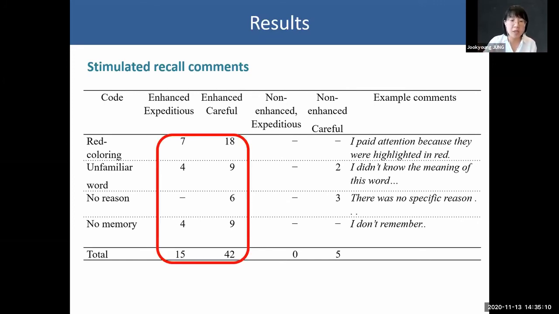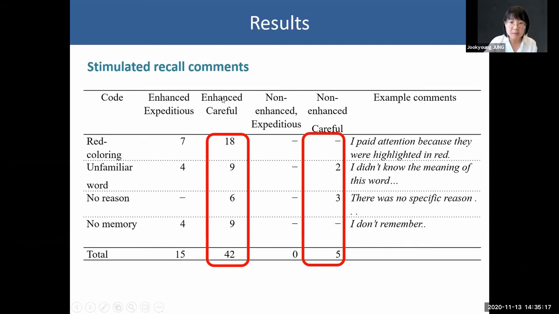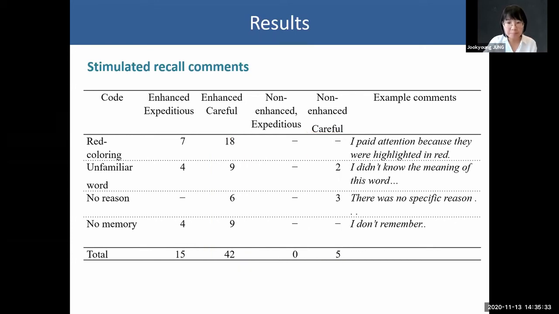And as you can see here, more annotations were made for the enhanced conditions and careful conditions. And as you can see here, when they had to read very fast, and when the target participle phrases were not colored, then no noticeable eye movements were found, and they made no stimulated recall comments.